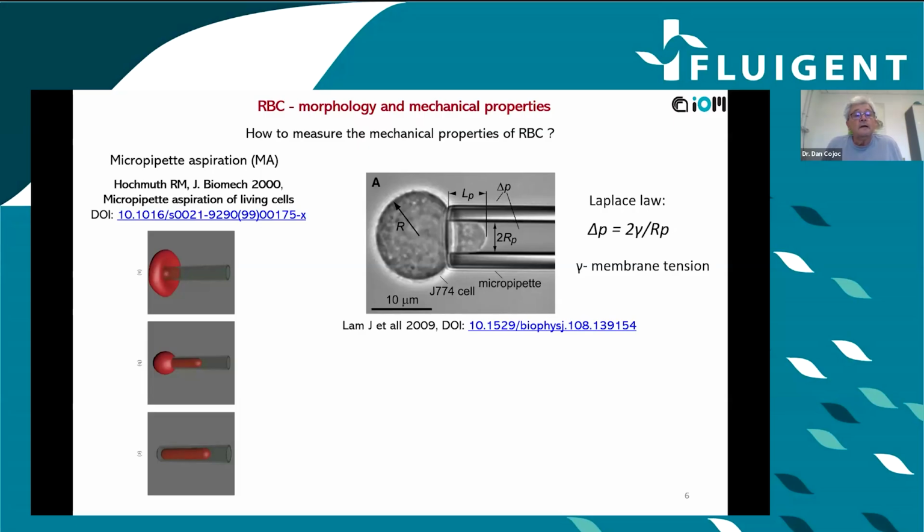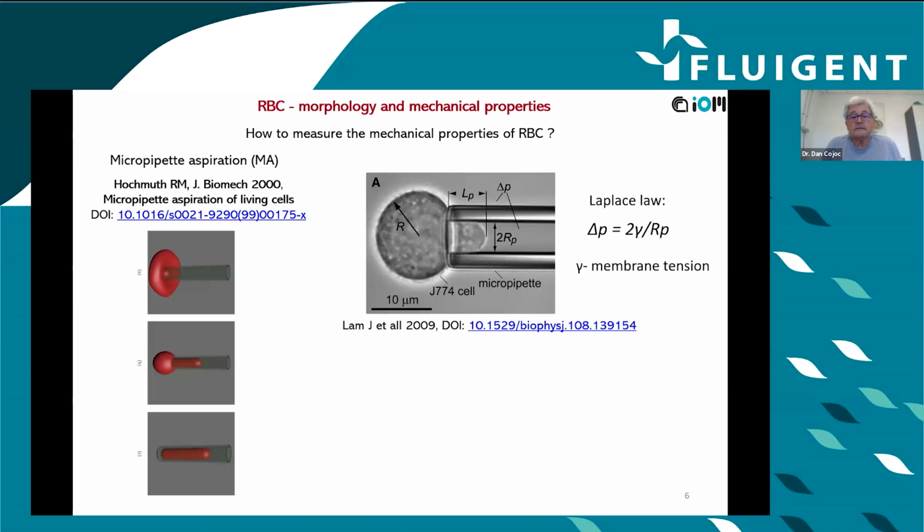This is a review. And the technique consists in capturing a cell with a micropipette and then increasing the pressure, making a tether of the cell membrane enter into the pipette, and measuring the size of the tether.